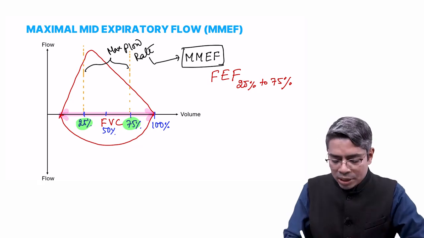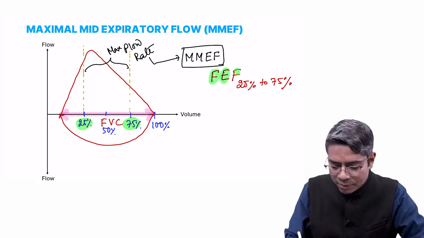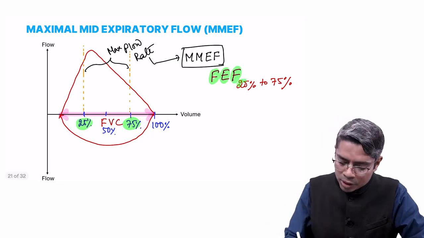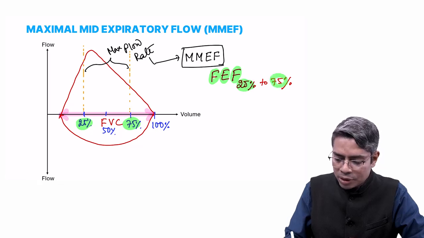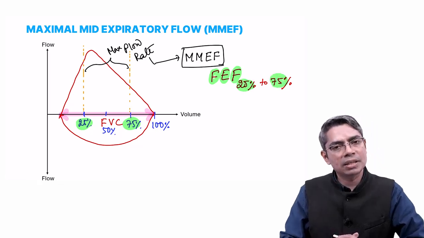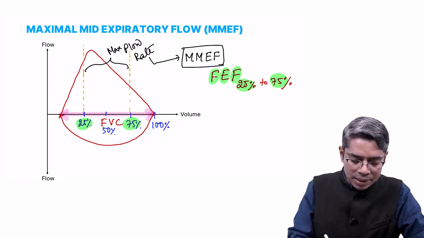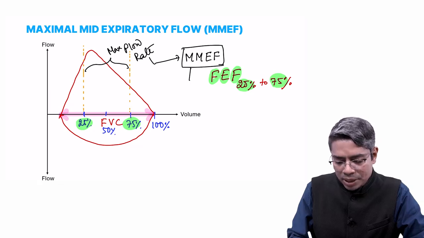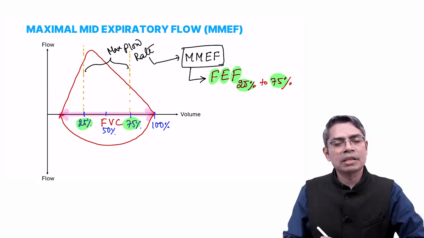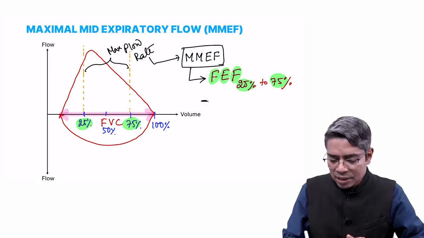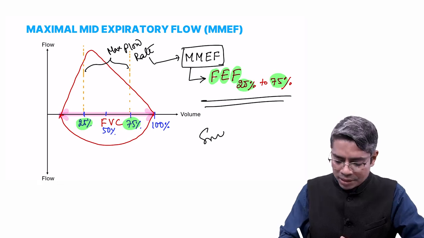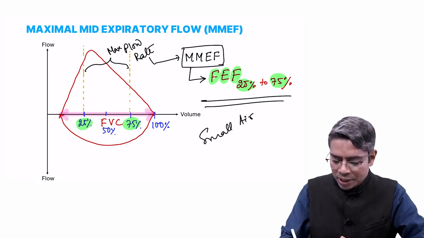So you are doing a forced expiratory flow rate calculation from 25% of the lung volume to 75% of the lung volume during expiration. That's why this MMEFR, or maximum mid expiratory flow rate, is also known as FEF 25 to 75%, and this is the new name. And I told you this is a very sensitive indicator of small airways diseases. Got it?